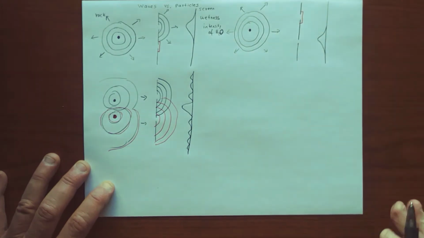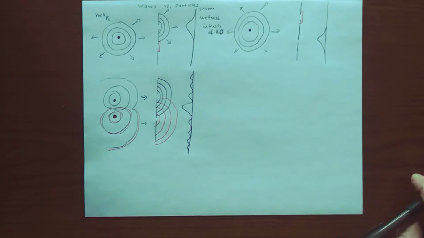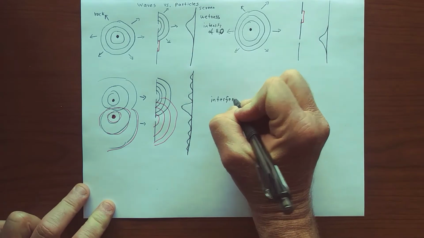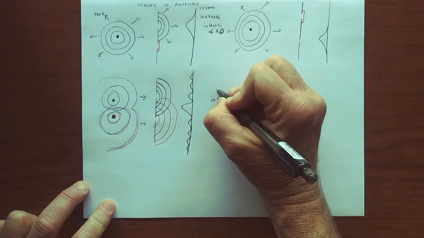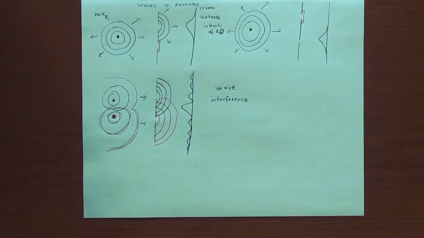So it looks like that. So that's a classic interference pattern. Okay, so we call this interference or wave interference. So that's a telltale sign of wave behavior.